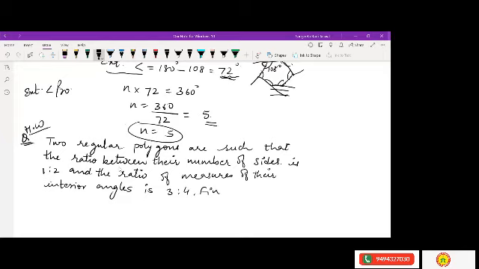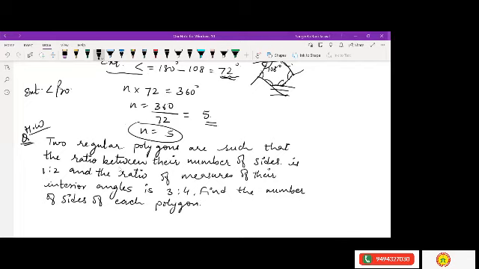Find the number of sides of each polygon. Take this for homework, okay? Do it after the class. So you have to find the sides of each polygon.